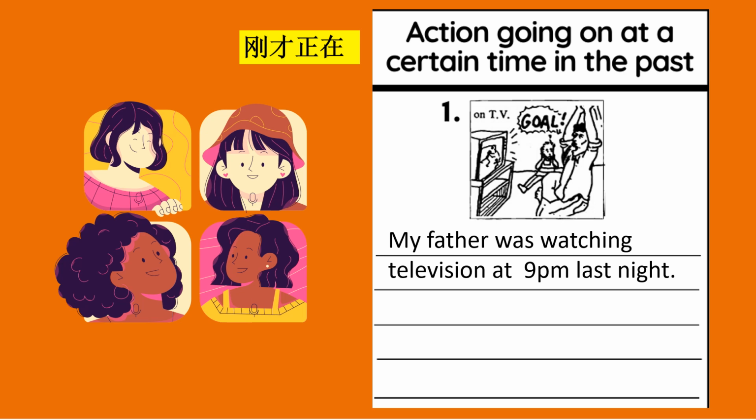So my father was watching television at 9 p.m. last night. Alright, okay, so check and see. At 9 p.m. last night is past. And you want to talk about the action watching television was going on. 其实那时候正在发生9点。So can you please write this sentence into your paper? Okay, write properly in the space given.